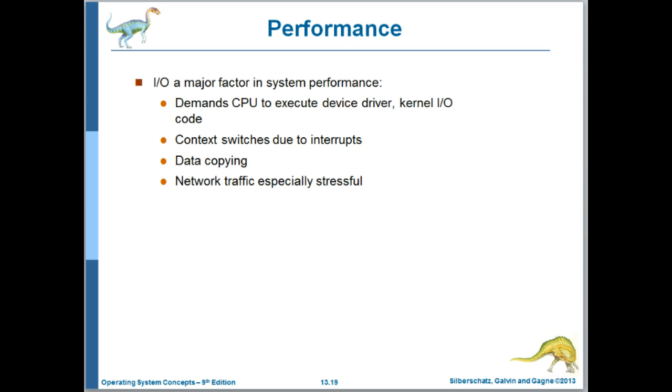Those memory operations are expensive, and the final bullet there, network traffic, isn't necessarily a gigabit stream coming in, but small bits of data coming in and forcing context switches.